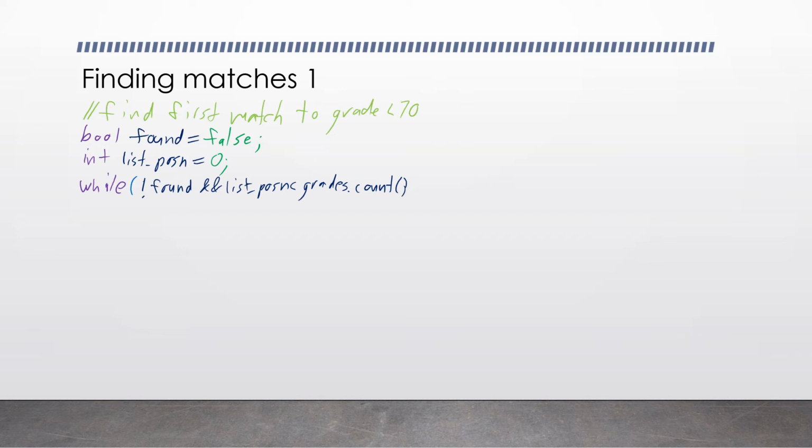Okay, that tells the computer to check how many grades are in the list grades, to check the count there. And if our list position ever exceeds that, then we've run out of values. There are no matches. Okay, so that opens my while loop.